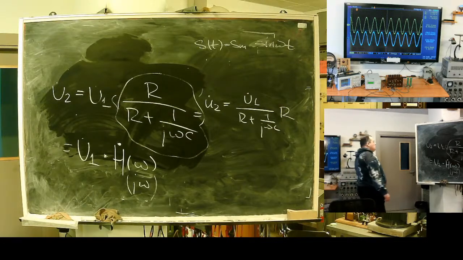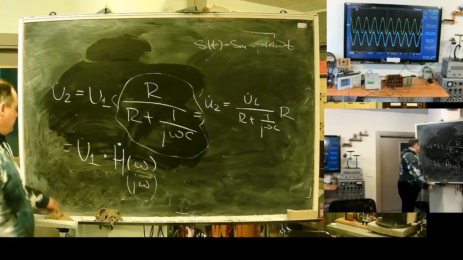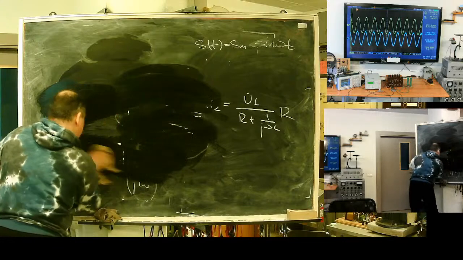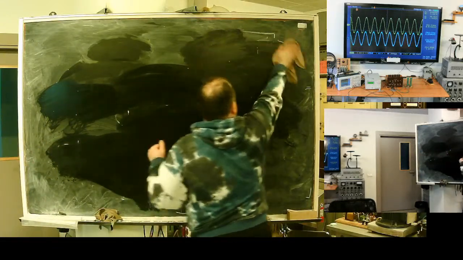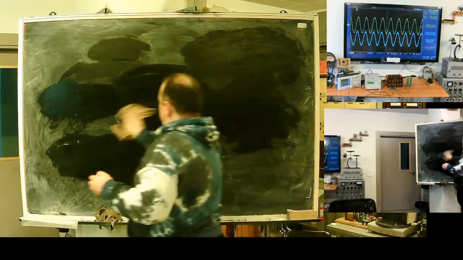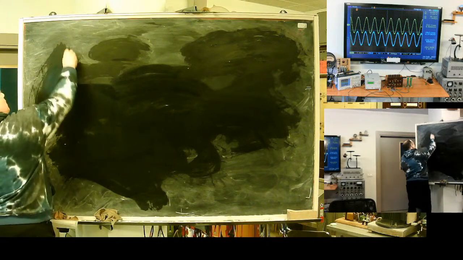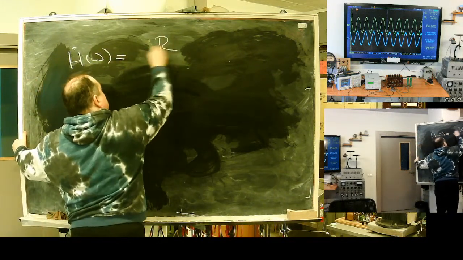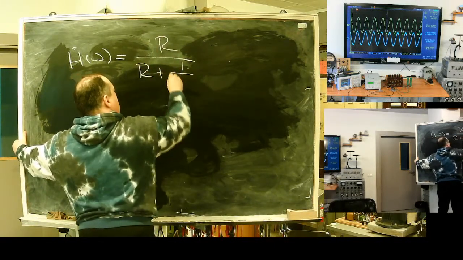What can we say about this transfer function? The transfer function is resistance divided by resistance plus 1.